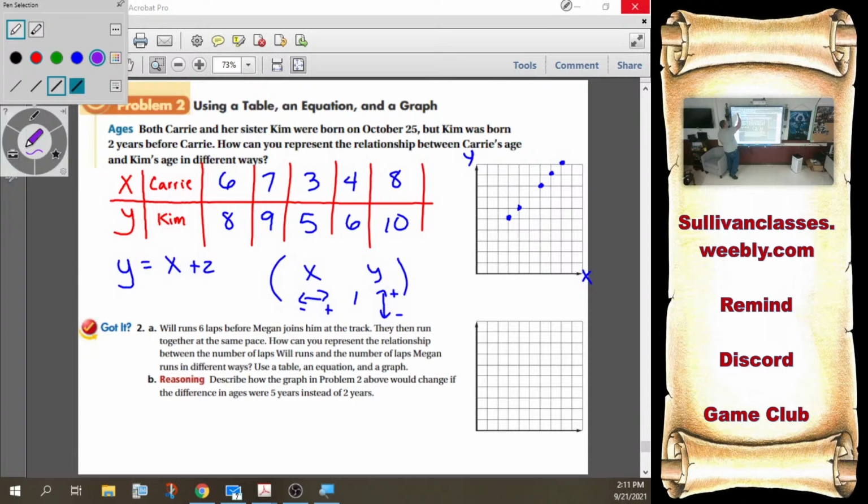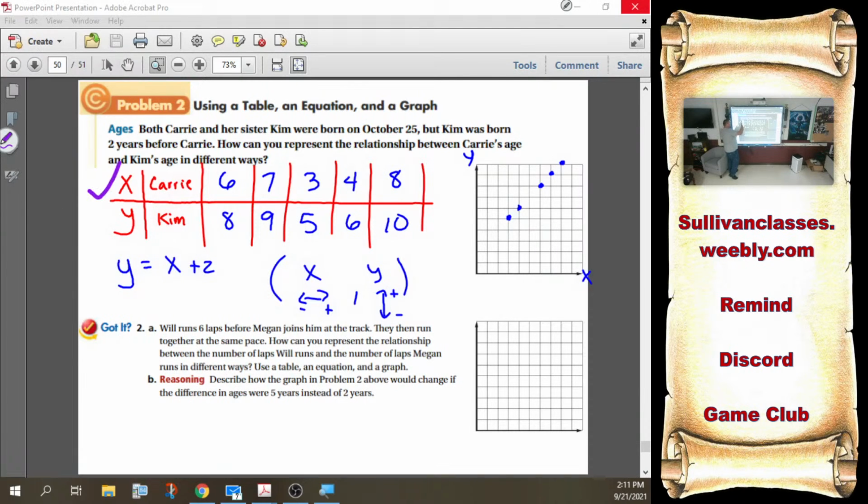This is the trifecta. As a table, as an equation, as a graph. Okay? It's called multiple representations. If I can remember right, I got a little matching game with these that we can do a little bit later, probably after we do a little more work in chapter 3, where I give you different tiles, and it's like, here's the table, here's the equation, here's the graph on separate tiles.